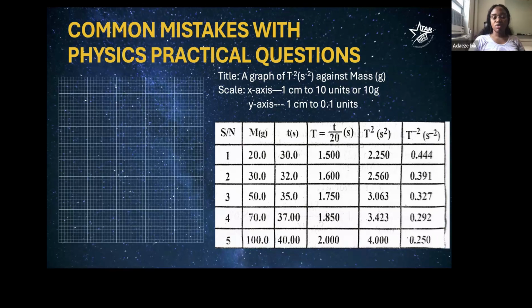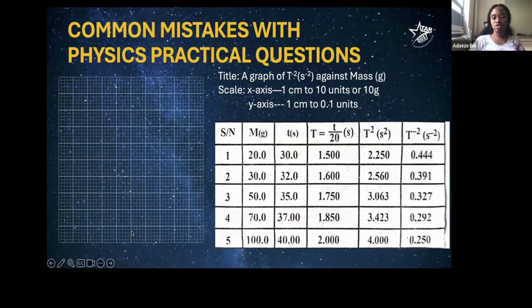Now your graph, as I'm showing on the screen, is usually divided into small chunks, which are usually 1 centimeter wide. So if you choose to represent every 1 centimeter on the x-axis as 10 grams of mass, that means every 2 centimeters will be 20 grams.